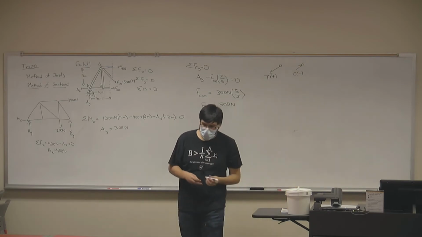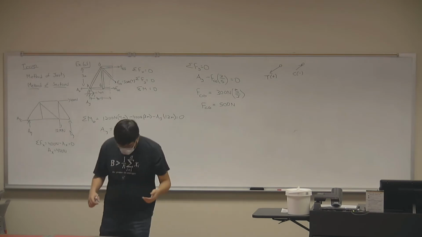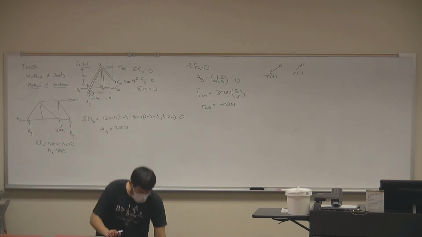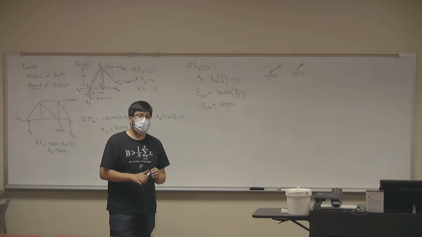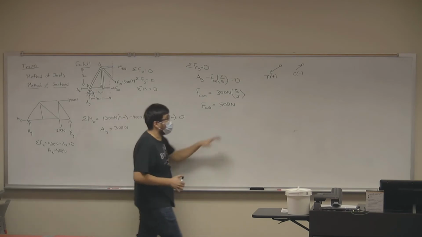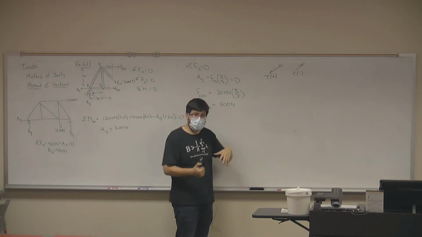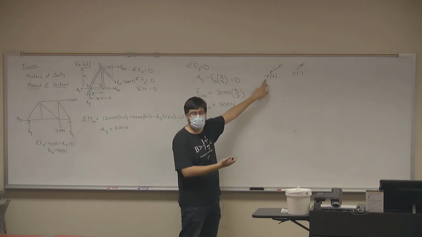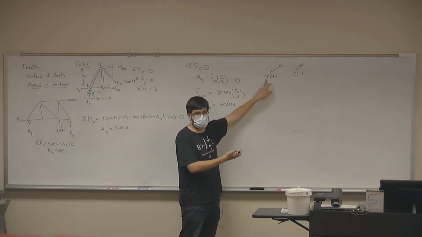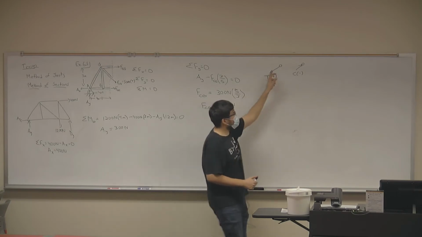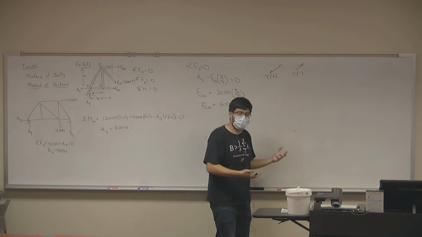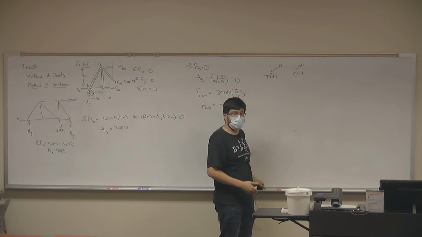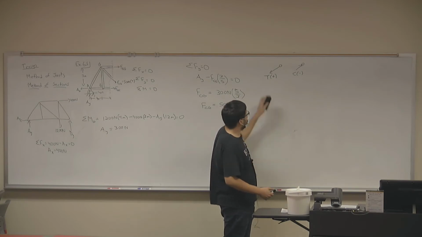If we get a positive value, we assumed the direction correctly. If we get a negative value, we assumed the direction incorrectly. So we always assume tension, so that if our assumption was correct, we get a positive value, which lines up with our convention of tension being positive. If we assume incorrectly, we get a negative value, which is the convention for compression. Okay? All right, no problem.